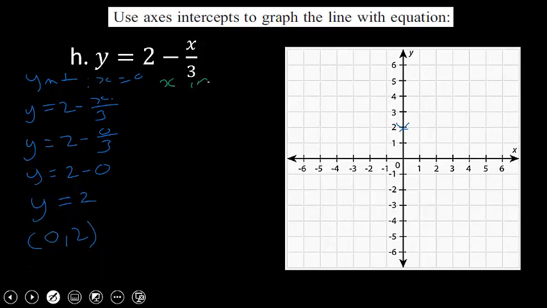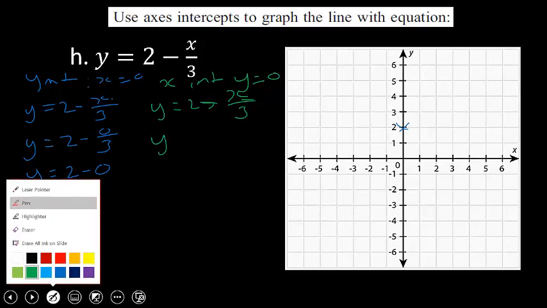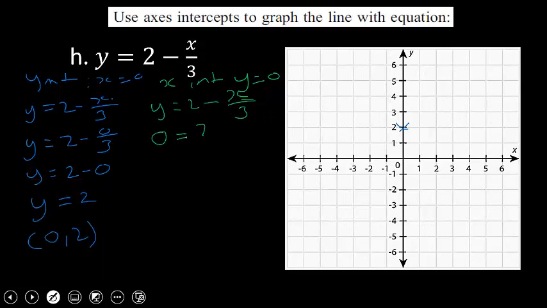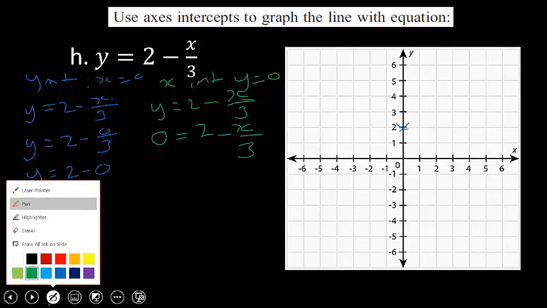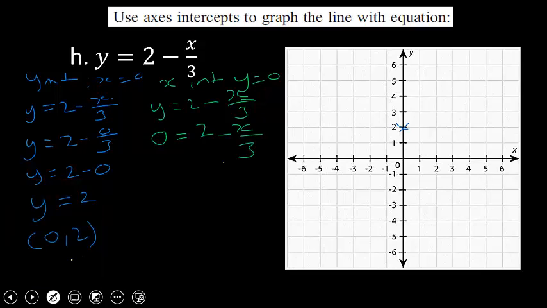Okay, x-intercept, y equals 0. So y equals 2 minus x over 3. Y is 0. 0 minus 0 equals 2 minus x over 3. I'm going to take the x over 3 over because it's already negative.